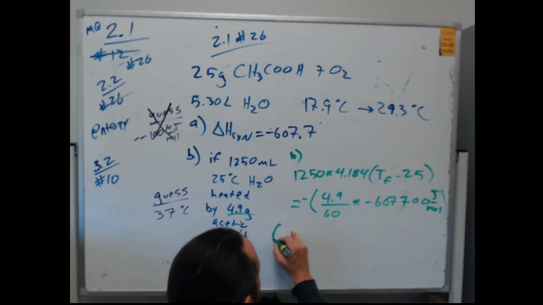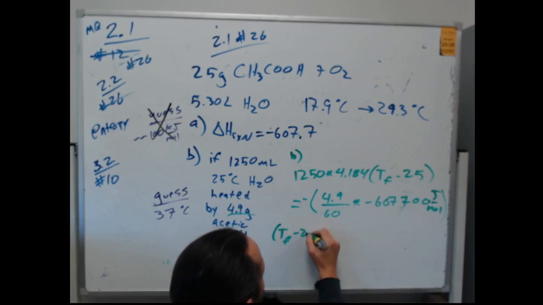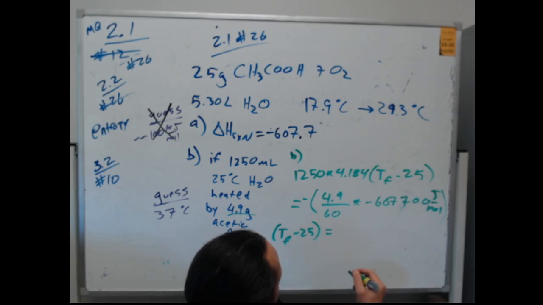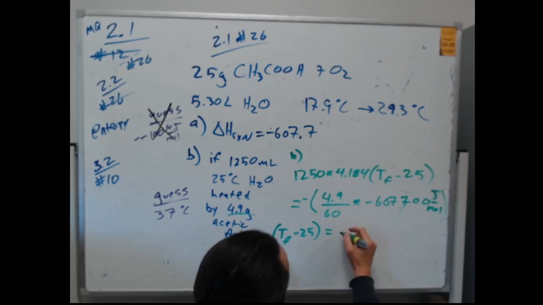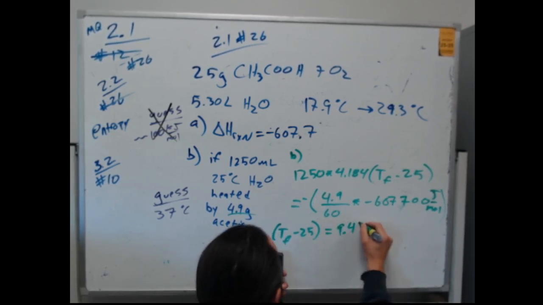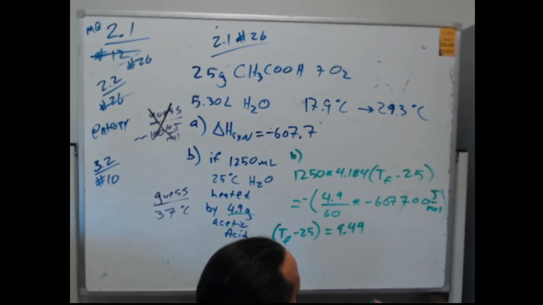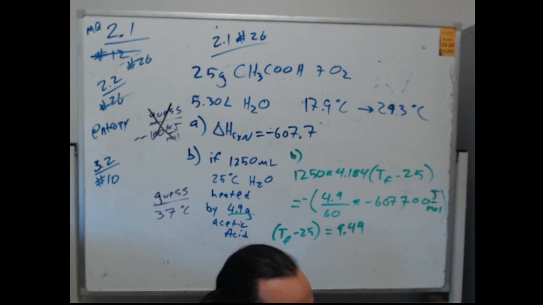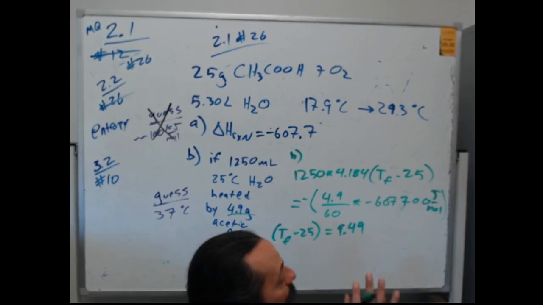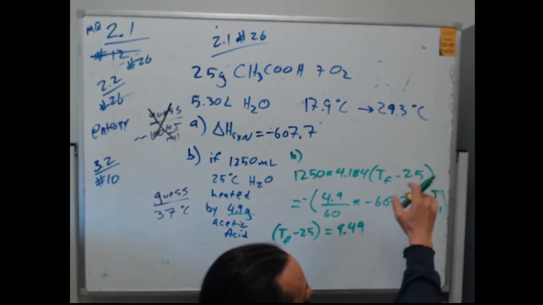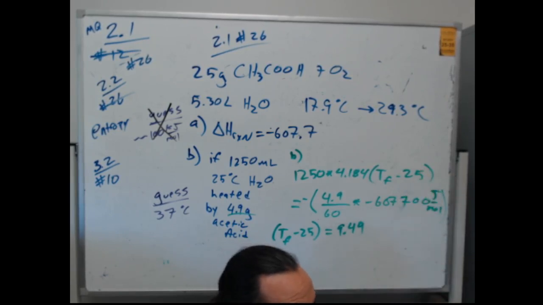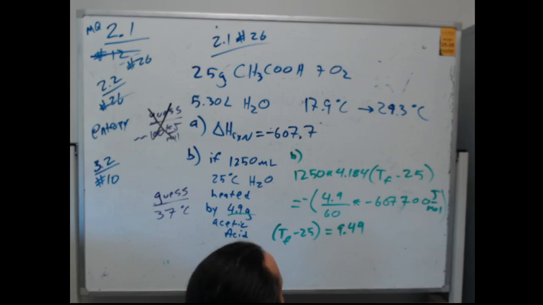And I'm going to get T final minus 25 is equal to 9.49, assuming I didn't make any typos. A little bit of rounding, right? That should be 607,695, but I did 607.7, close enough.